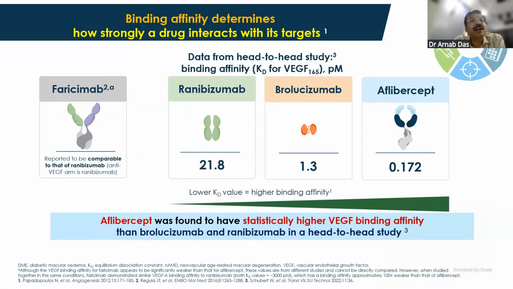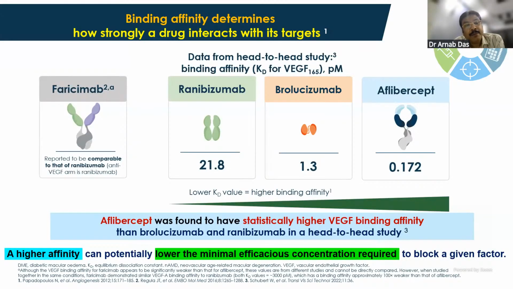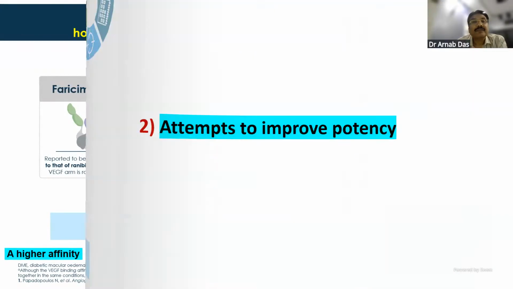Binding affinity determines how strongly a drug interacts with its targets. Aflibercept was found to have statistically higher VEGF binding affinity than bevacizumab and ranibizumab in a head-to-head study. Higher affinity can potentially lower the minimal efficacious concentration required to block a given factor.